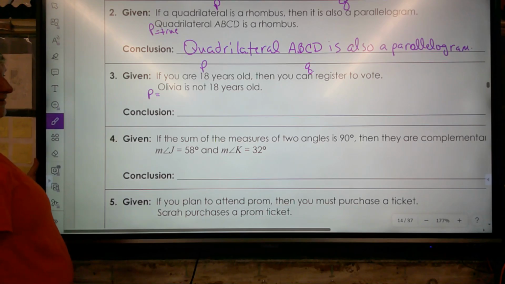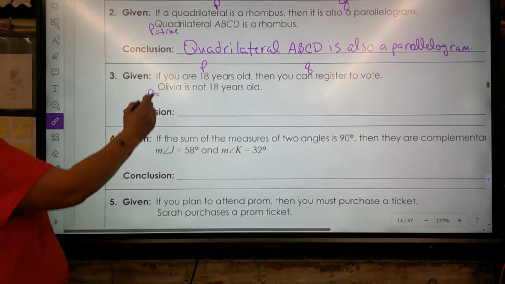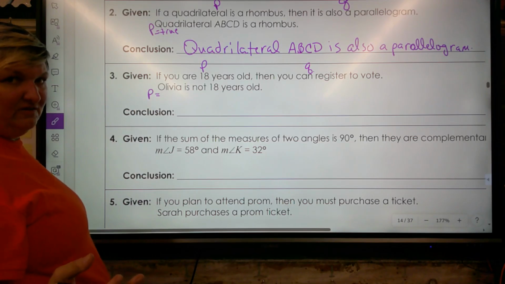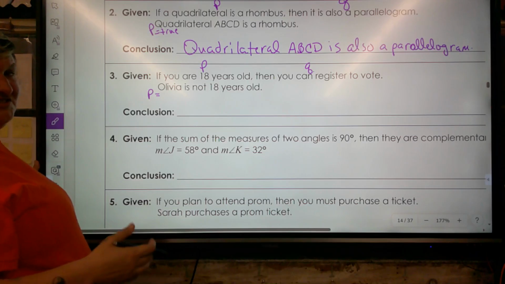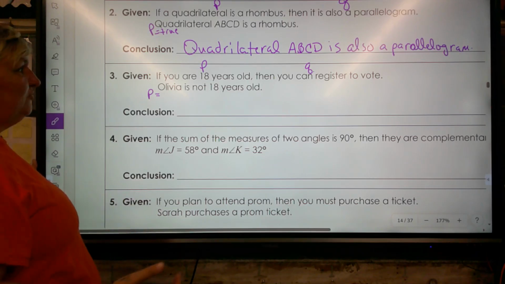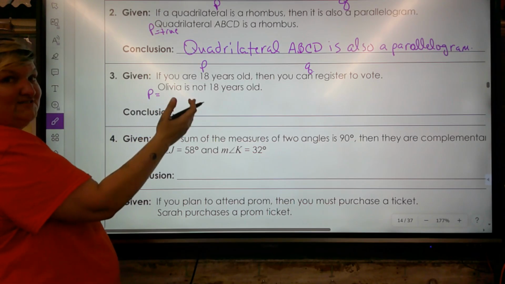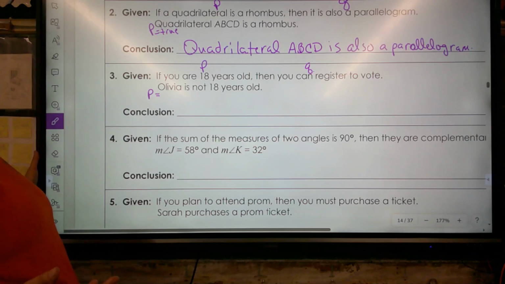But it's not enough evidence. What if she's younger than 18? Then she can't register to vote. What if she's older than 18? Then she can register to vote. So because they didn't give us enough evidence, all we can say is no valid conclusion, right?